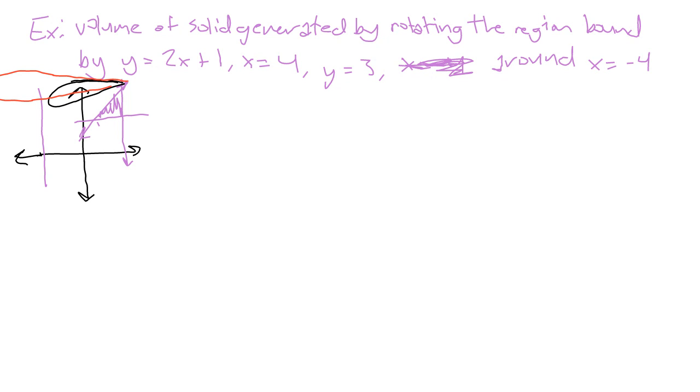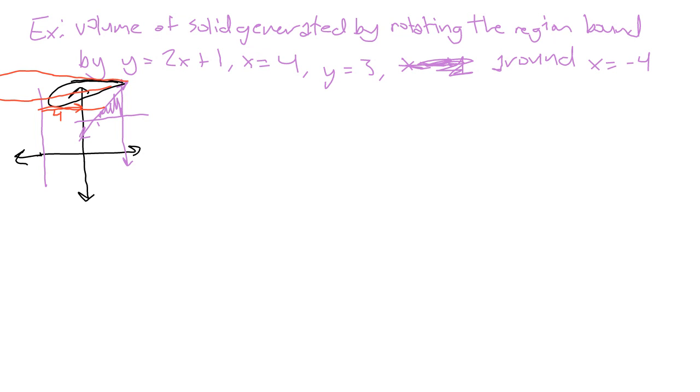So now we can think about what our radii are going to be. If we draw from here, first of all, we have to go over from here to here, which is 4. That's a distance of 4.